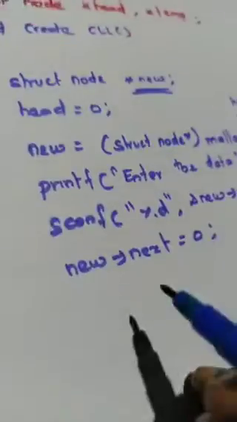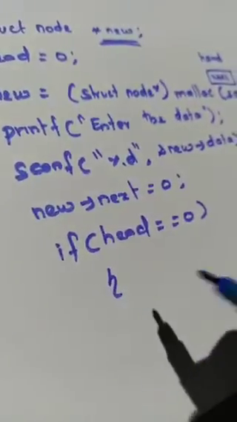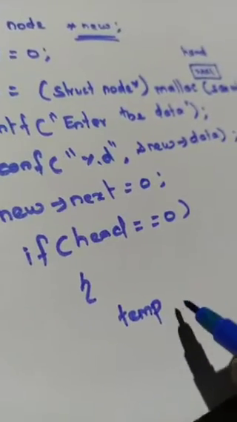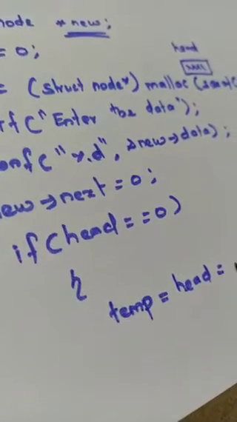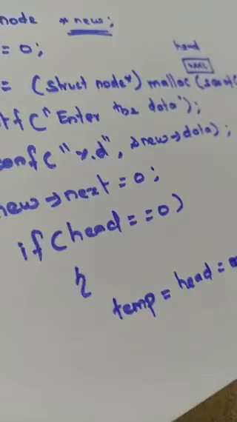So I am going to apply the condition: if head is equal to 0, then there is no issue, which means the temporary pointer as well as head pointer will move to new.